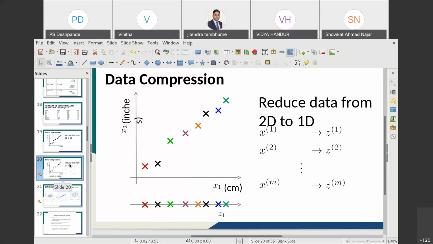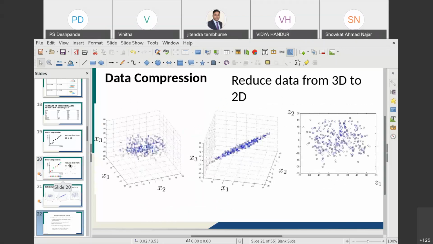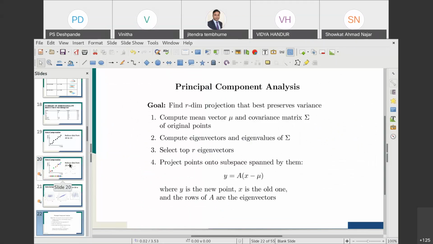The question is how we can do it mathematically. These are the steps you can use to find these principal components. You calculate the mean vector of the data, then the covariance matrix of the data. Then you calculate the eigenvectors and eigenvalues of the covariance matrix.